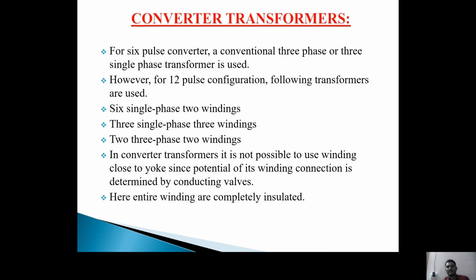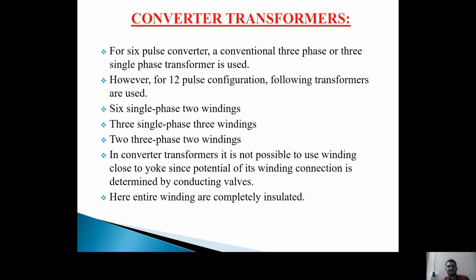However, for a 12-pulse configuration, the following transformers are used: 6 single-phase 2 windings, 3 single-phase 3 windings, and 2 3-phase 2 windings. Like that we are taking the transformer connections.